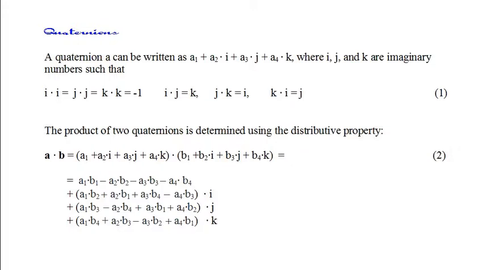The formula for multiplying 2 complex numbers follows from the distributive law and is shown in equation 2. This is the formula we will use to write a MATLAB function that multiplies 2 quaternions, represented as 4-vectors.